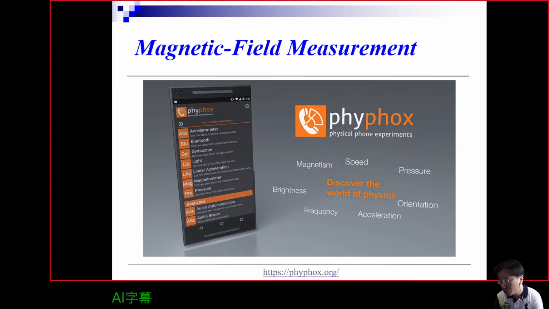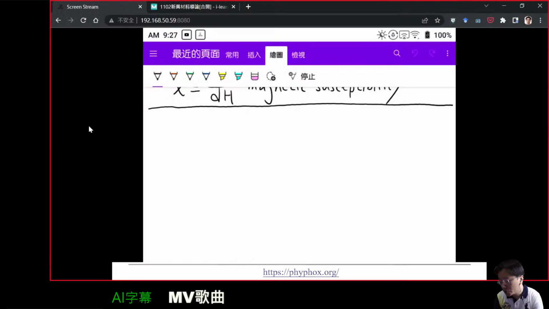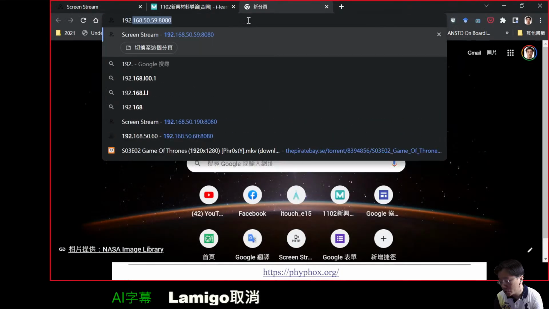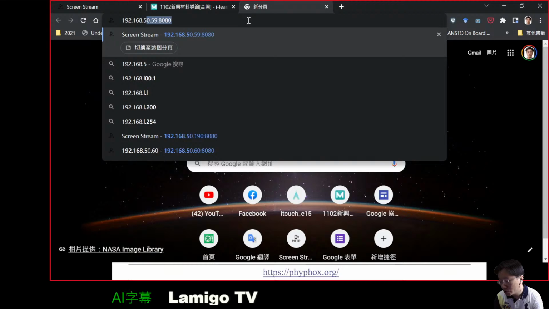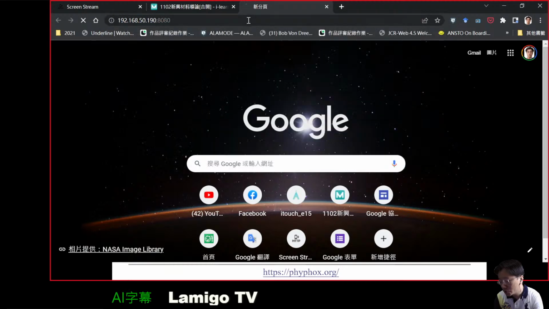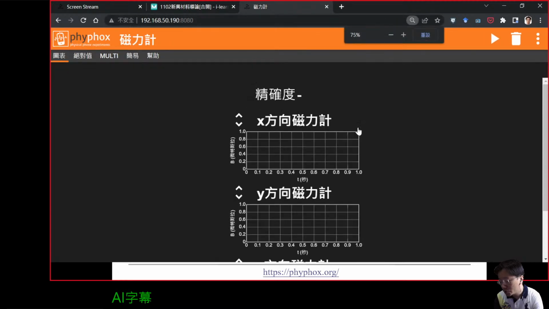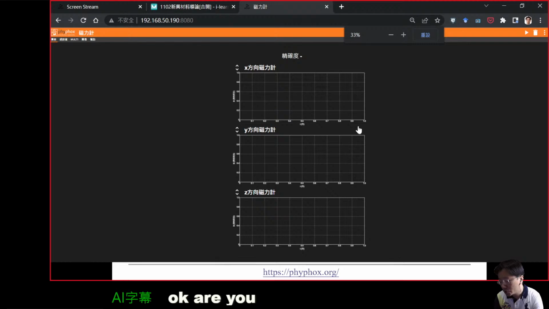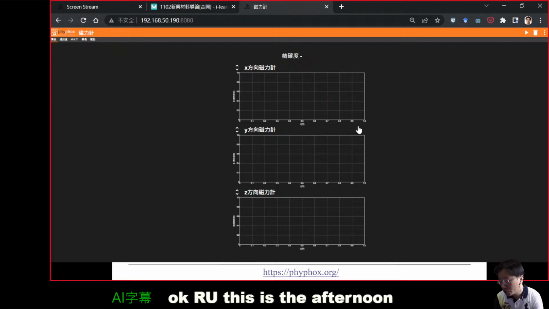Okay, this is the actual screen exported from my cell phone.